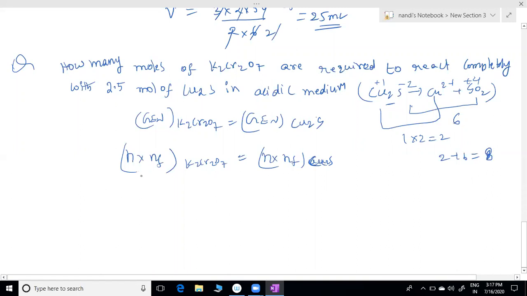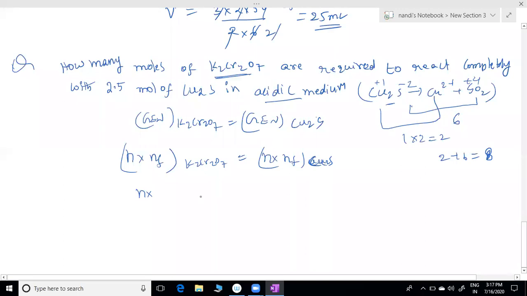Okay, now we can check it. Number of moles into n factor for K2Cr2O7, we already know very well in acidic medium. Number of moles how much?